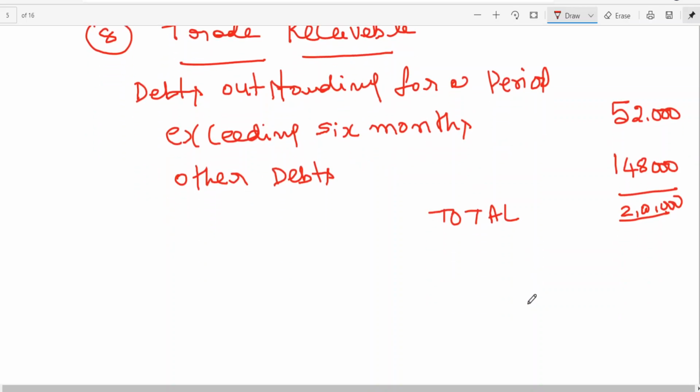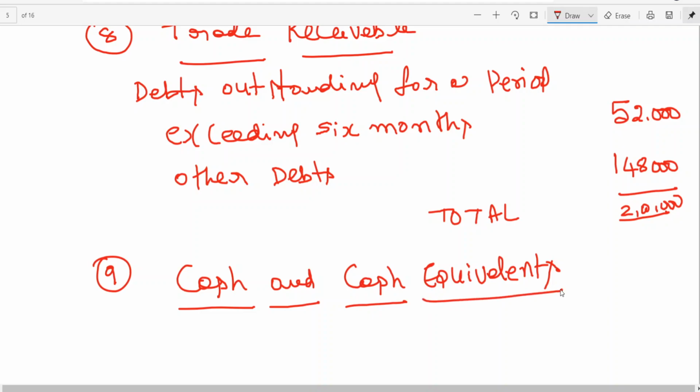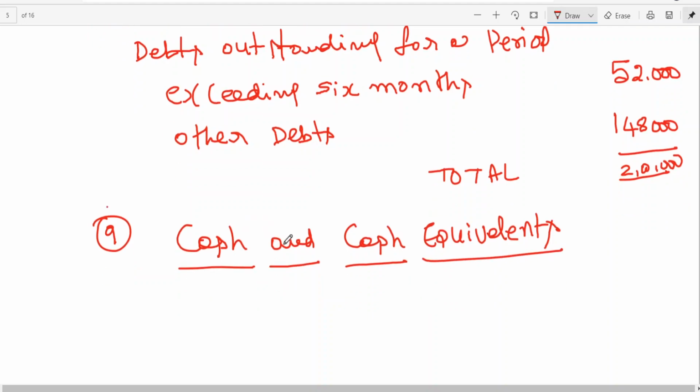Okay. Then the last item, the ninth item, we are having note number 9, cash and cash equivalents. First let me start with cash at bank.